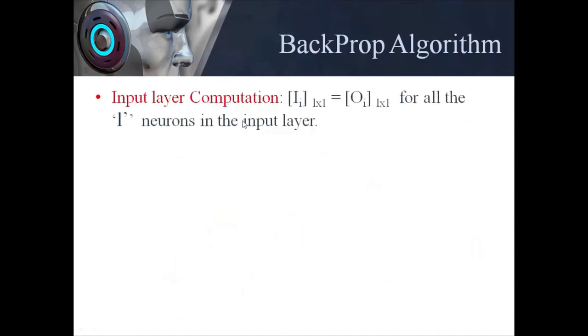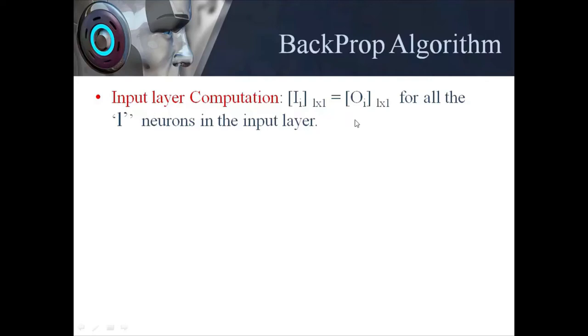So for the input layer computation, my input units are simply the units which are receiving the inputs and passing those inputs to my hidden layer. So there is no computation as such. The output of these input layer units is the same as the input which is applied.